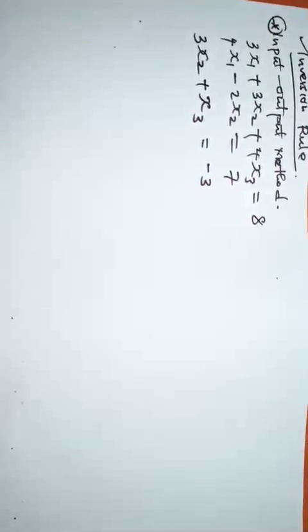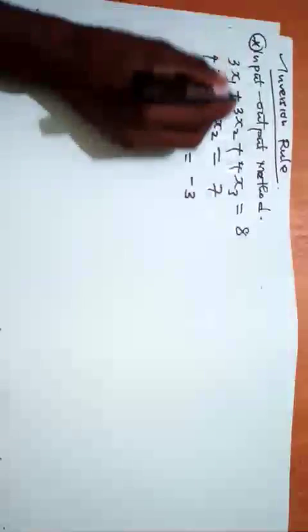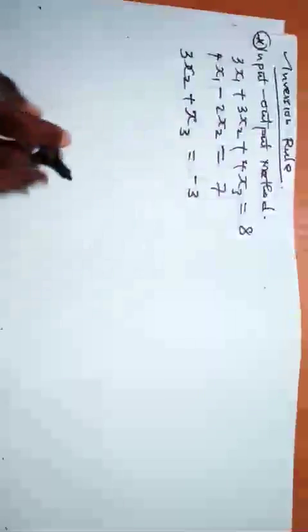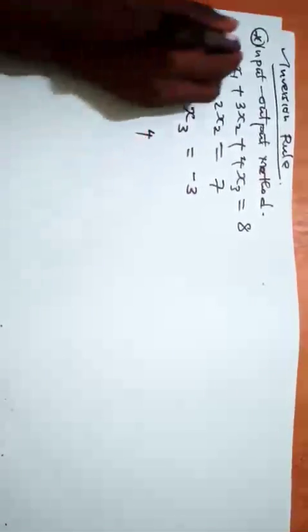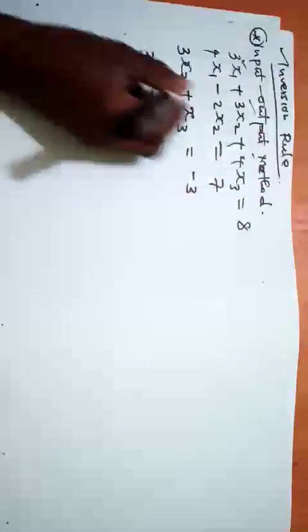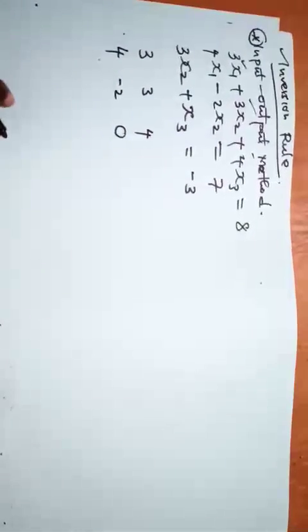So when we have such kind of matrix, the first thing you do, you know that you have 3 elements, x1, x2, and x3. So when you form the matrix, you have 3, 3, 4 from this. Then for this, we have x1, which is 4, x2, which is negative 2, but we don't have x3, we equate with plus 0.